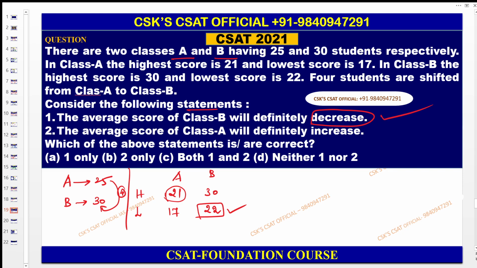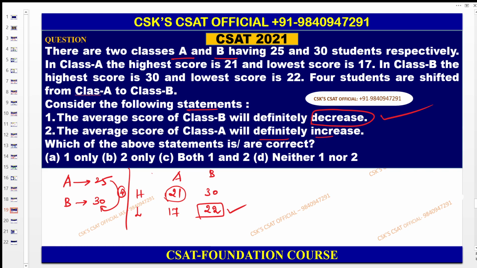Now, the average score of class A will definitely increase. It may or may not, but you can't say definitely increase. Why? If all 4 students scored 21 and they are shifting to class B, then surely the average score of class A is going to further reduce only.